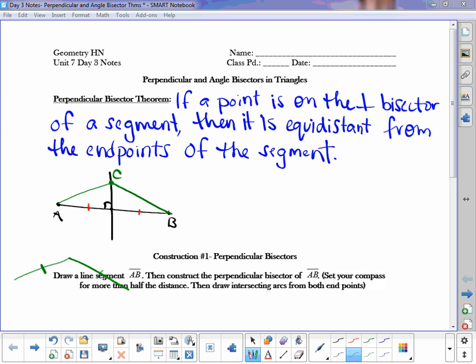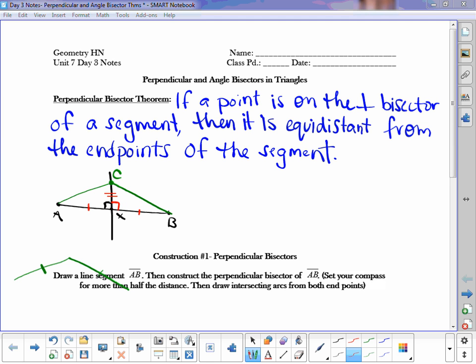Yep, C to our midpoint here. So perhaps, let me call that X. So how do I know that that is congruent? It's the same line. Reflexive, a very good thing. So now I have side angle side. We know that this is also going to be a right angle.